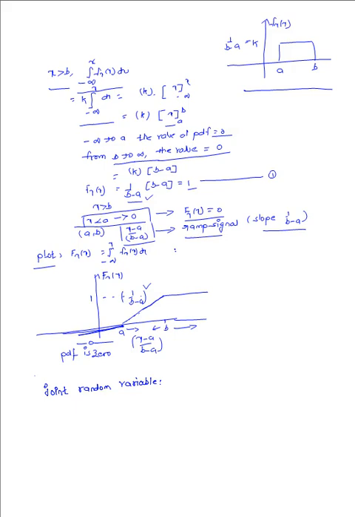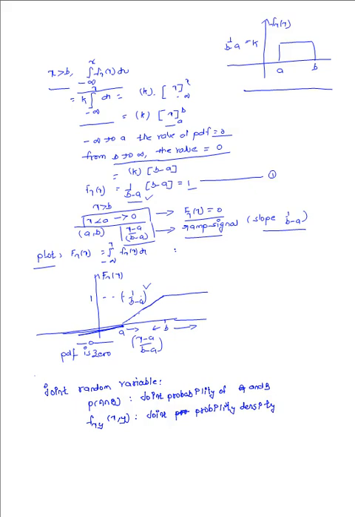For example, probability of A intersection B is the joint probability of events A and B. Similarly, here fx of x comma y gives us the joint probability density function.